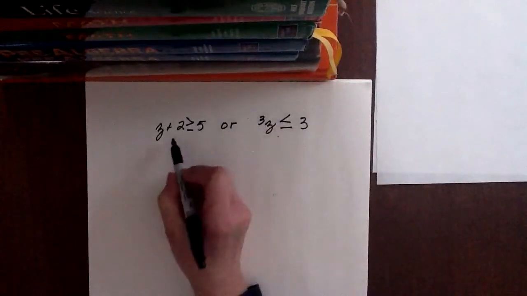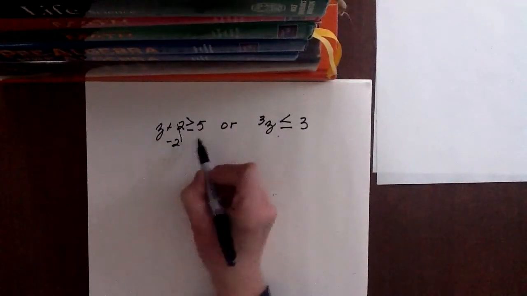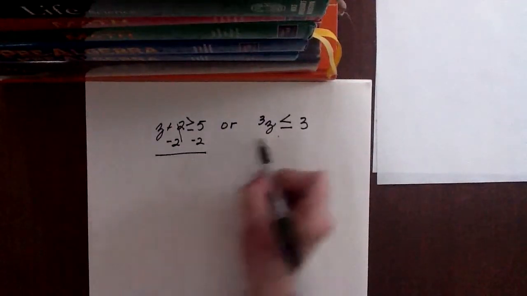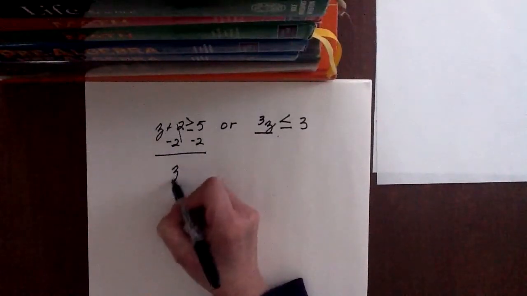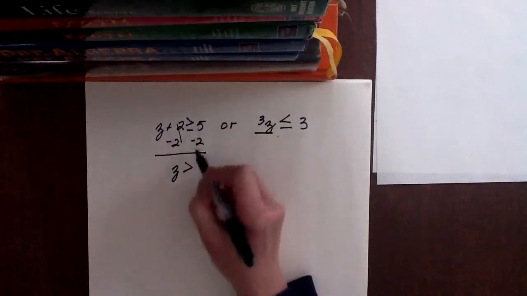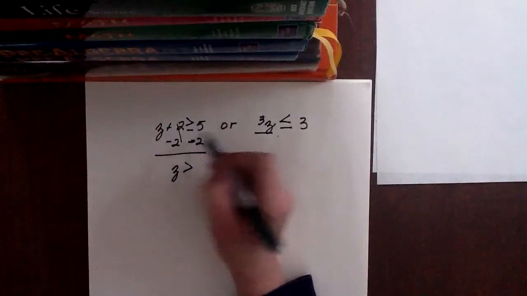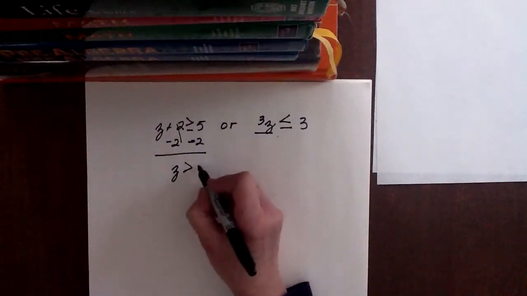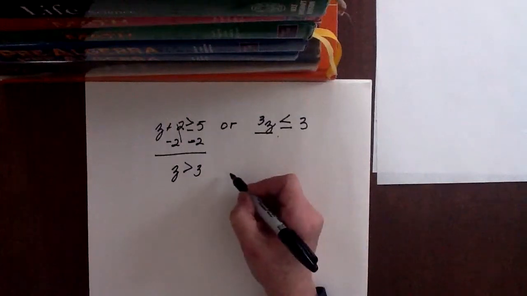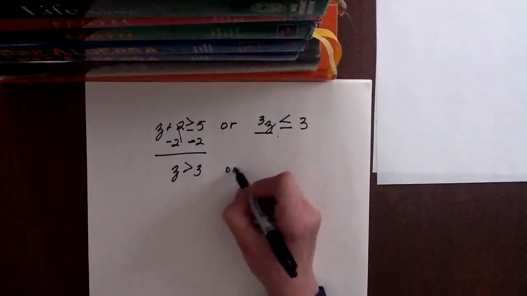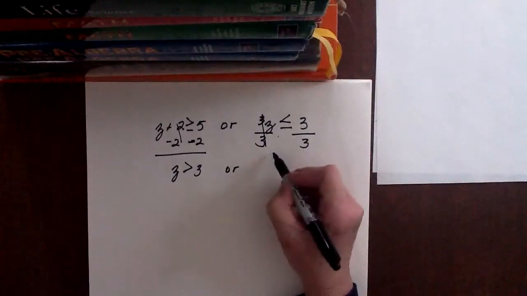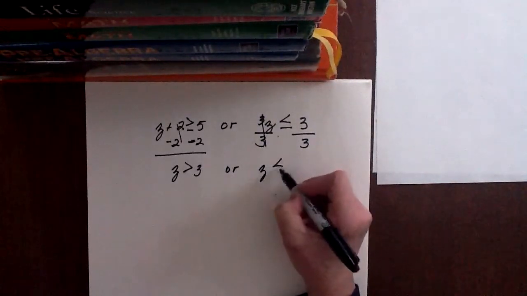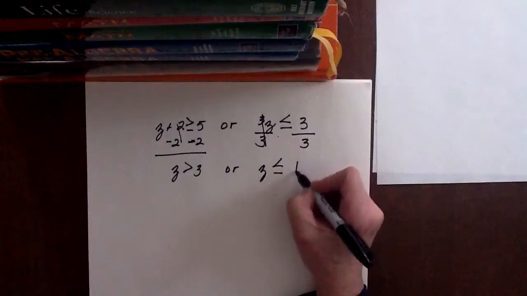Again we're going to solve our inequalities just the way we would solve a regular equation, and you're going to end up with z is greater than or equal to, because we have a 5 and a negative 2, a positive 3. And then or, we're going to divide this inequality by 3 on both sides. You're going to be left with z is less than or equal to 1.